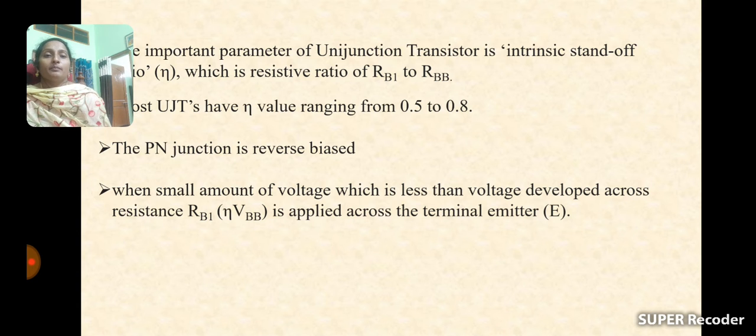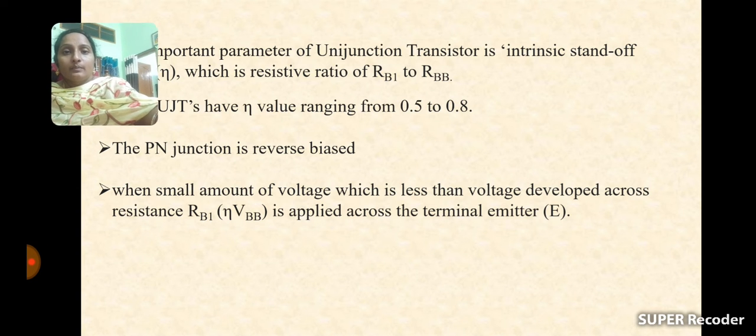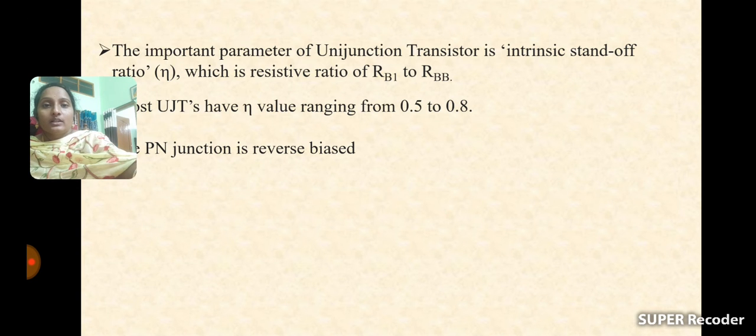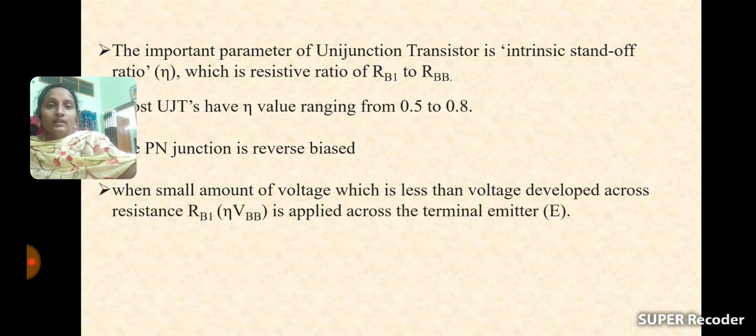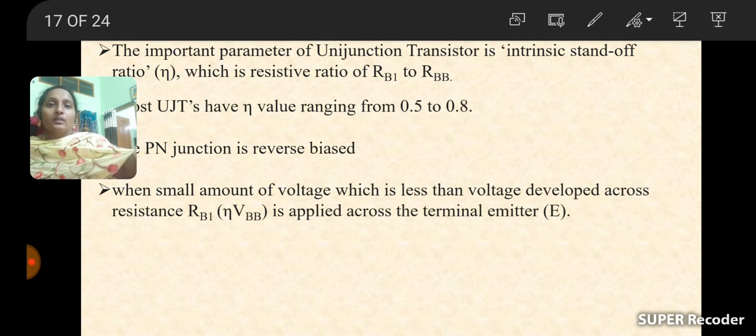And see here, the main important parameter of UJT is the intrinsic standoff ratio. Okay. So here the intrinsic standoff ratio lies in between 0.5 to 0.8. And how can we define the intrinsic standoff ratio?